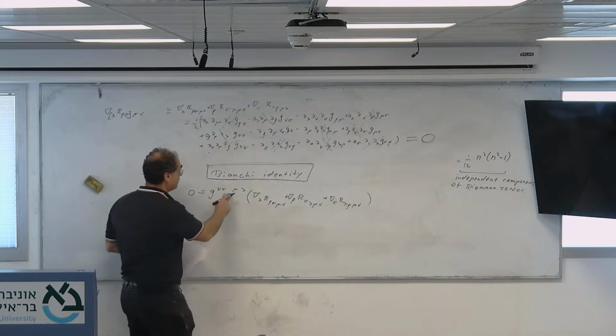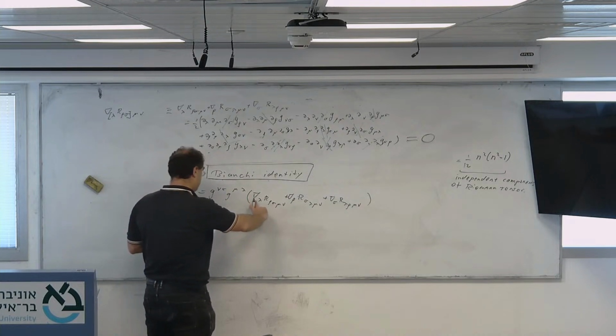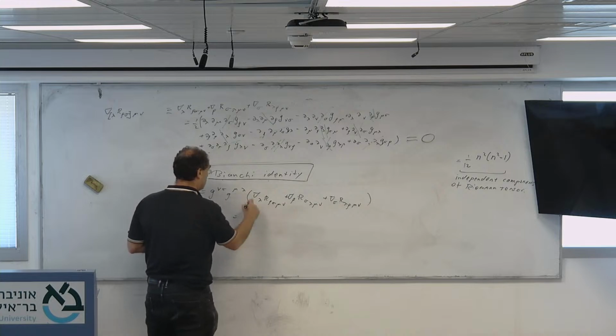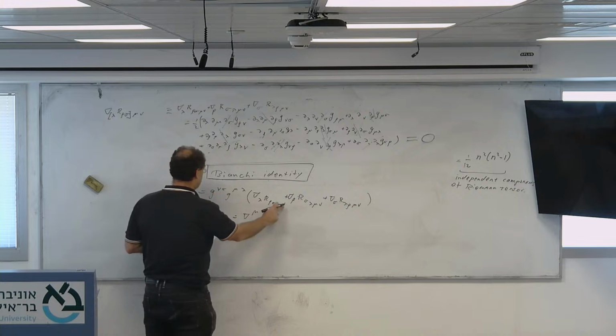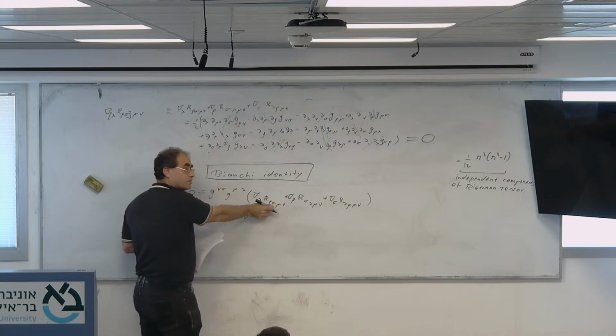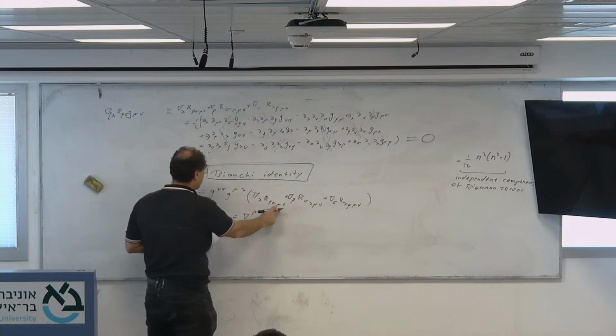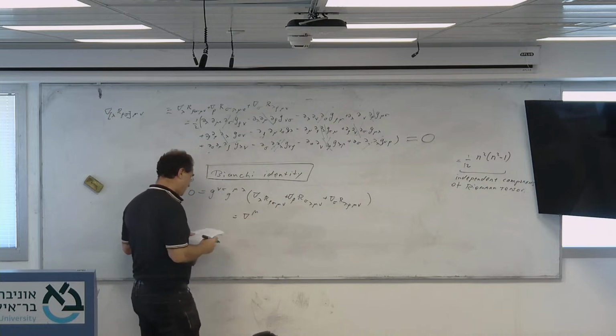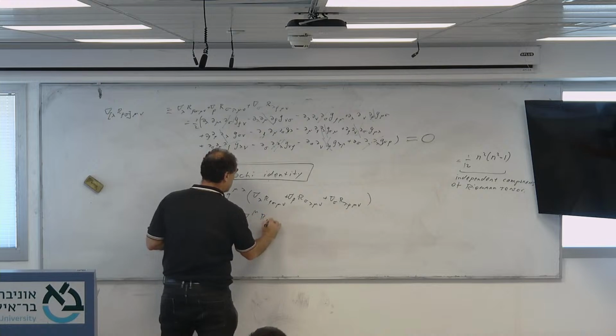Let's see. So here I have a nabla mu. This is a nu and sigma, but I can exchange them twice. It's not changing anything, and then I have the contraction because it would be a nu, right? So I end up with an R rho mu.